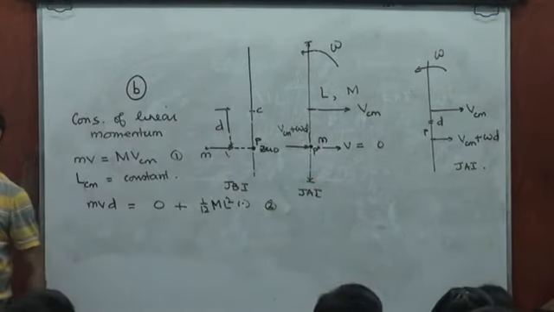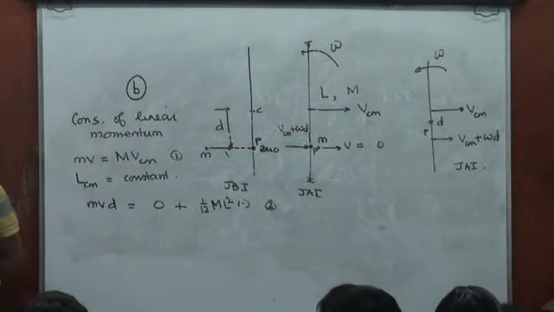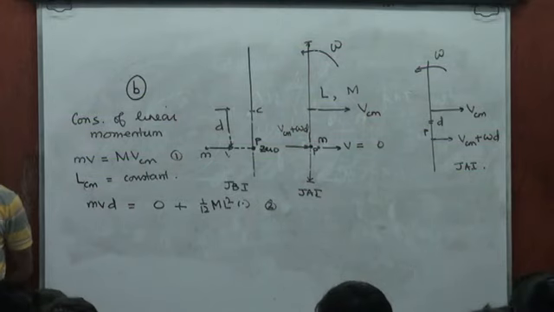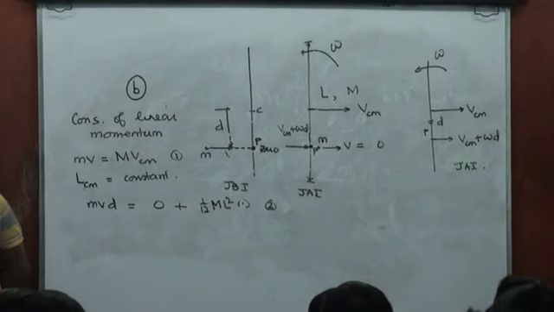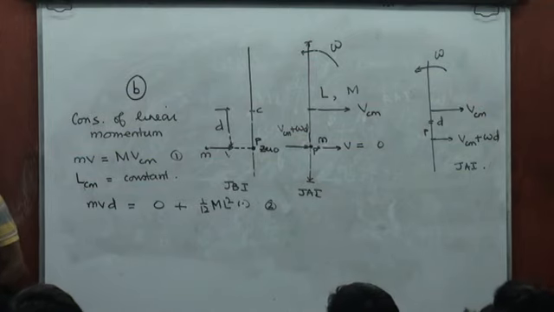Now look, if somebody tells you that the collision is perfectly elastic, one of the things you can do is write a complicated kinetic energy equation: total initial kinetic energy equals total final kinetic energy. The kinetic energy equation has a quadratic nature, so it's a little more complicated to solve.